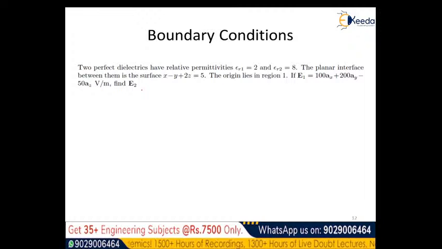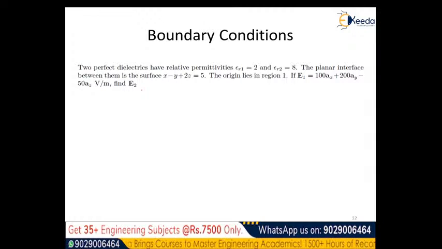So now for the solution to this particular problem, we need to find the components of E1 vector that are normal and then tangential to the boundary that separates the two regions here. Then we have to apply the appropriate boundary condition. The boundary conditions between the two perfect dielectric material mediums we have studied, so we can make use of those relations here.